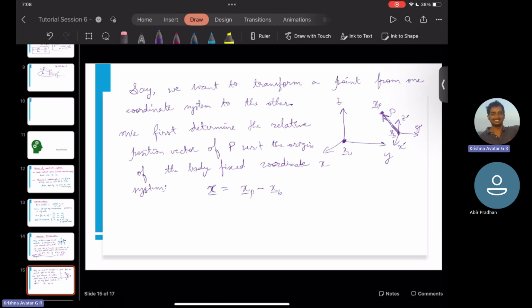And now what we can do is apply coordinate transformations directly on this.